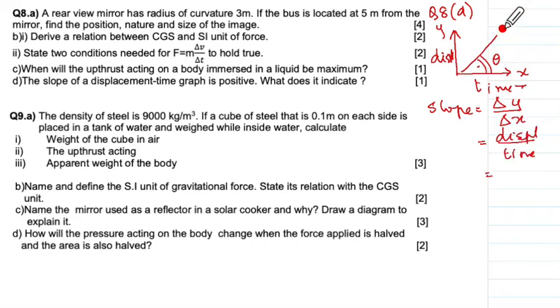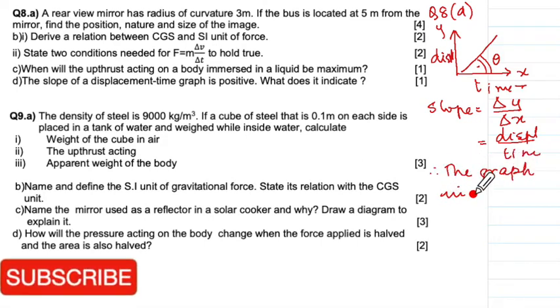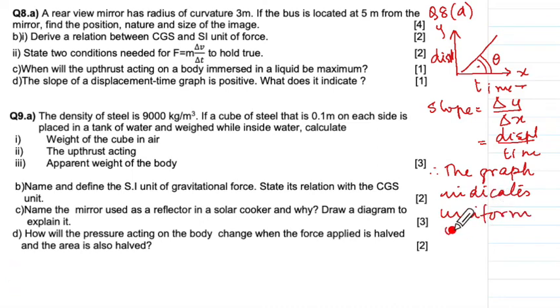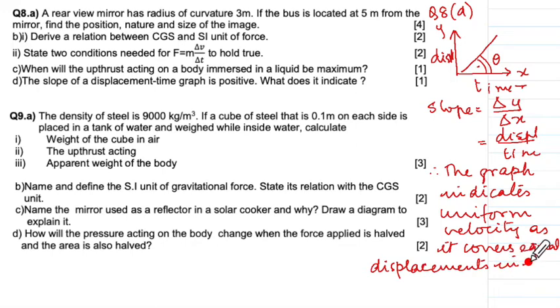Now if it's a straight line graph and it is positive, that means we are having a uniform velocity. So what does it indicate? Therefore, the graph indicates uniform velocity. Now what is the meaning of uniform velocity? As it covers equal displacement in equal intervals of time. And that is our answer.